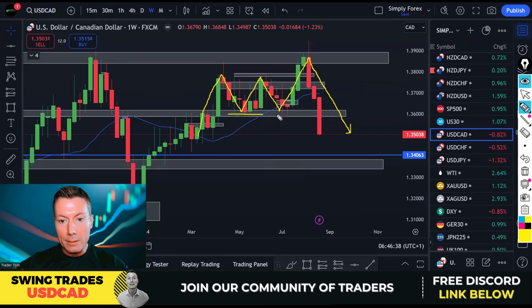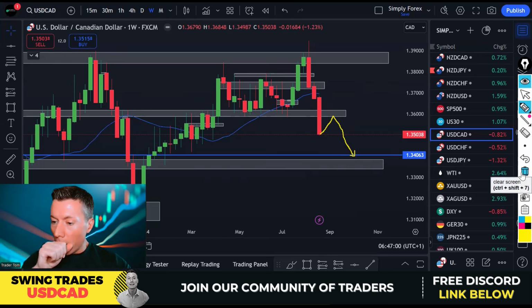Breaking this key support level. Okay, nice big bearish candle, and we've got room to take it down to the next piece of support and this psychological level, this 1.3400. Okay, again, want to see a bit of a retrace, and then we come lower. Okay, guys, so US dollar Canadian dollar sells as well.